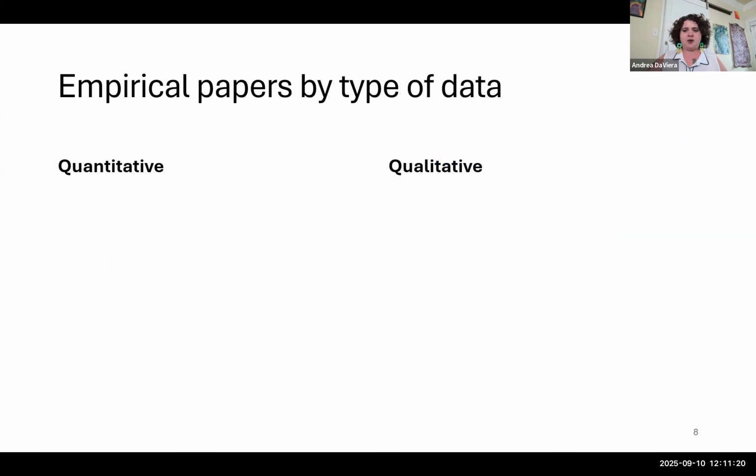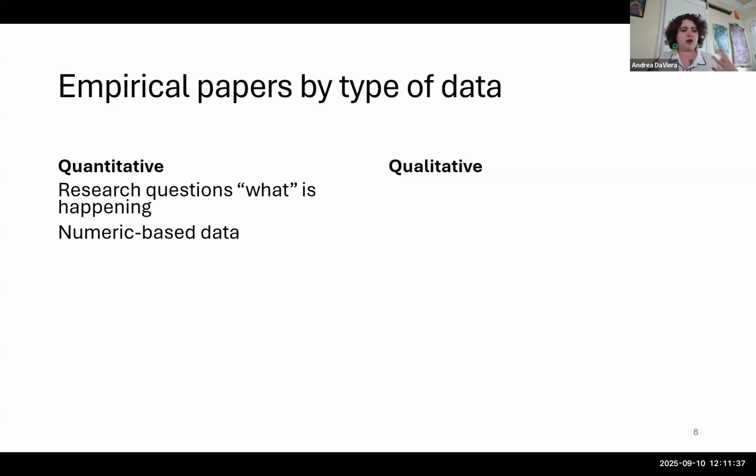Everyone here is probably pretty familiar with the concepts of quantitative and qualitative data, but I'll go over them a little bit just to make sure we're all grounded in the same understanding. So quantitative data usually ask questions about what might be happening. This is essentially numeric-based data. So if you had a survey with a closed-ended response saying, how much do you agree with the following sentence?